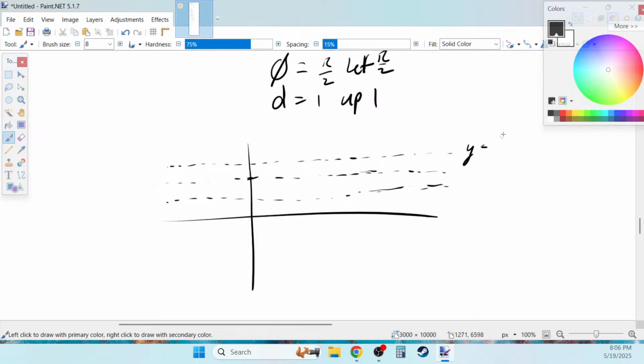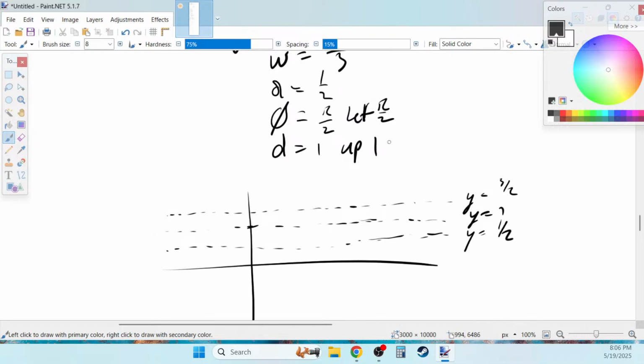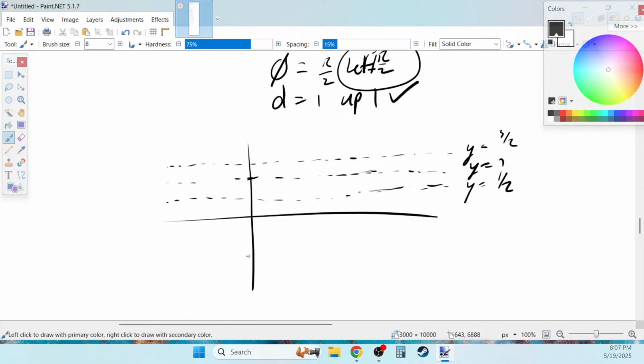So now we have y equals 3/2, y equals 1/2, and y equals 1. After we handle our offsets and our amplitude lines, then we're going to do our phase shift. This is left by pi over 2. So let's put that here, pi over 2.